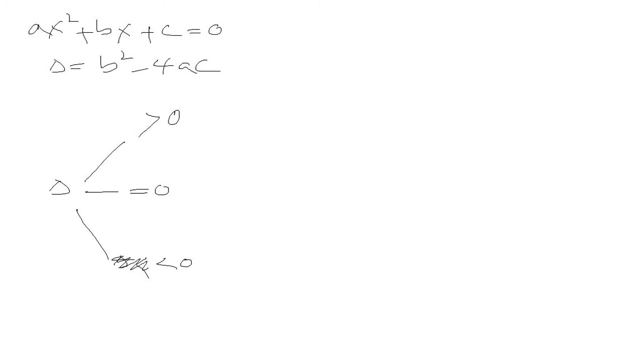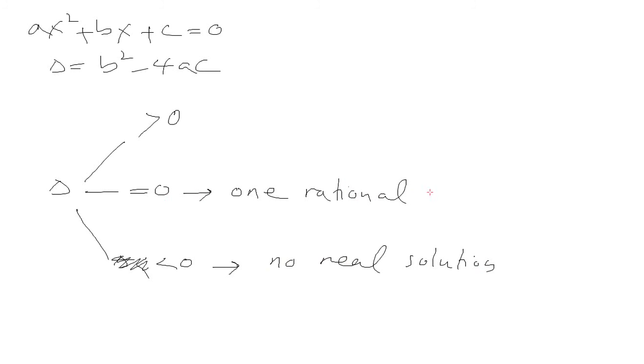If delta is negative, then you know that you have no real solution. If your delta is 0, then you know you have a unique solution. You have just one rational solution, and that rational solution is minus b over 2a.